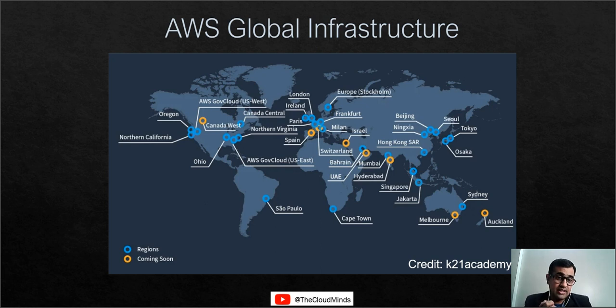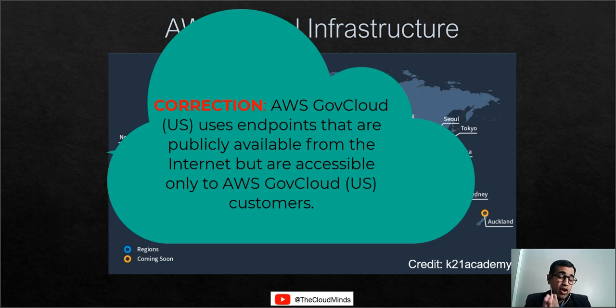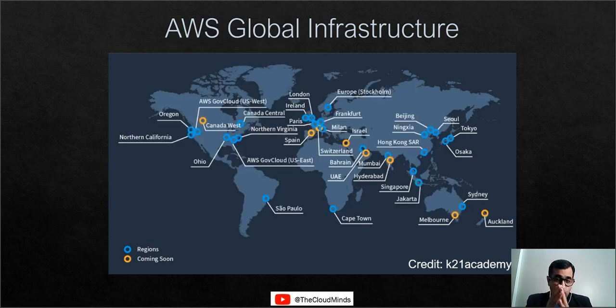The US GovCloud, US West and US East that you can see here cater to the US government, and they are private clouds. That's the reason why you can never access them. The ones that you can access are public clouds. The regions that you can see on the AWS Management Console are the public cloud regions.